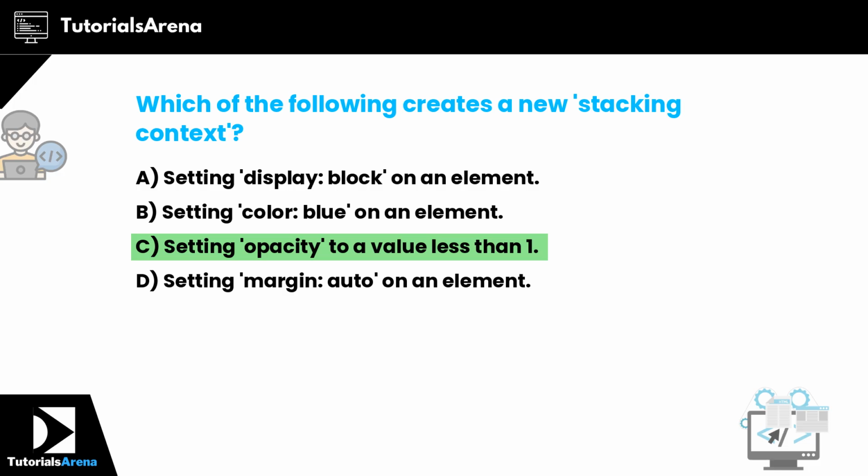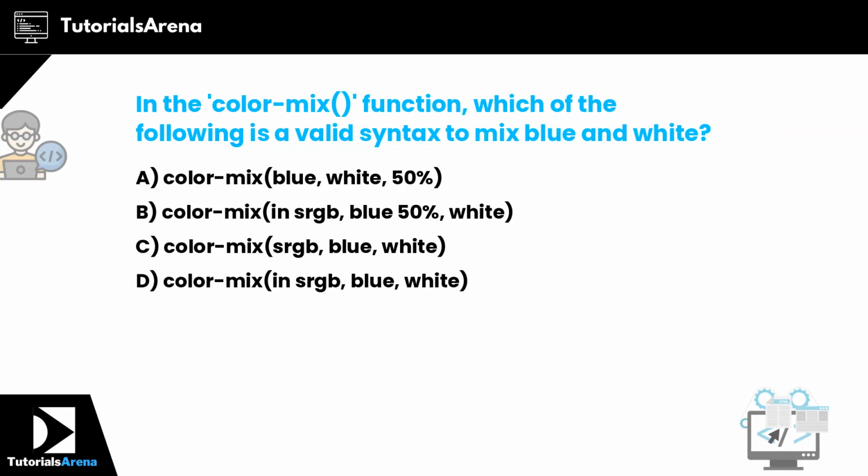The correct answer is option C, setting opacity to a value less than 1. In the color-mix function, which of the following is a valid syntax to mix blue and white? The correct answer is option D, color-mix(in srgb, blue, white).